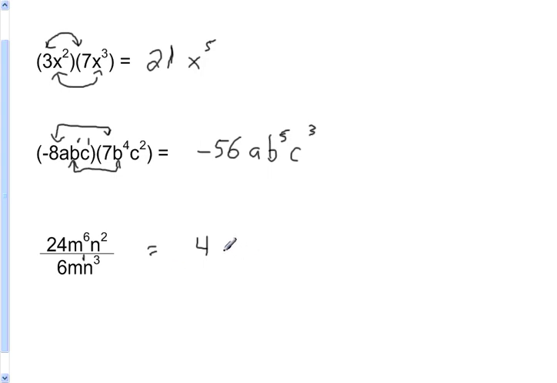We subtract our exponents. 6 minus 1 is 5. And now we have n cubed on the bottom, n squared on the top, leaving us with n to the negative 1. And remember, if we have a negative exponent, we always want to take the reciprocal or flip it over. So we're going to have 4m to the 5th all over n. That's how we multiply and divide monomials.